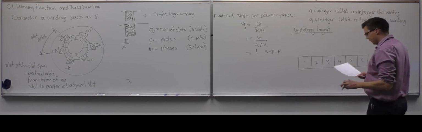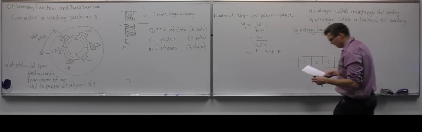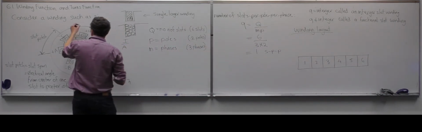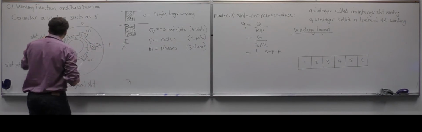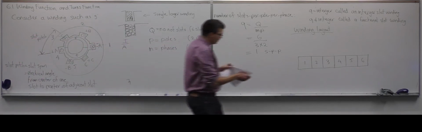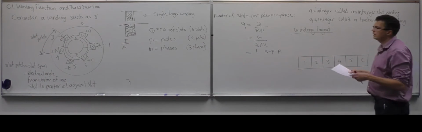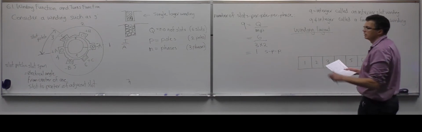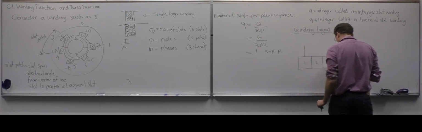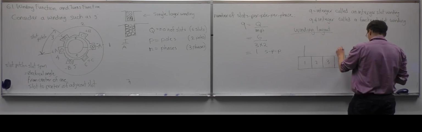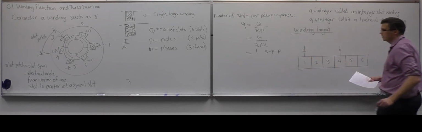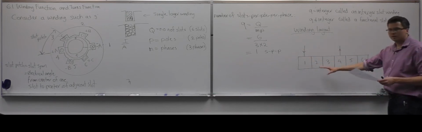For the A phase, the winding is going in at slot 1 and out of slot 4. So it's coming down here and coming back out here, and these two have to be connected by end windings.